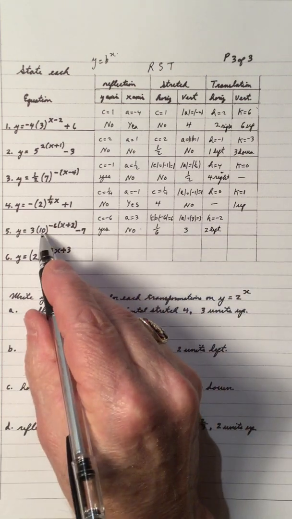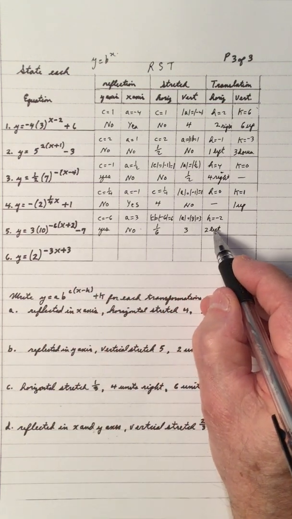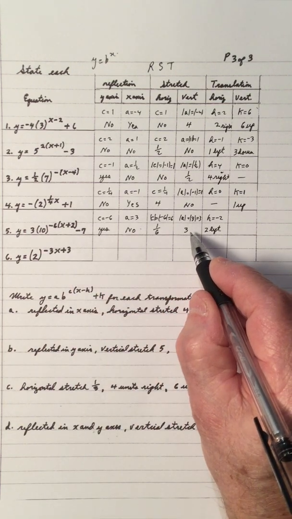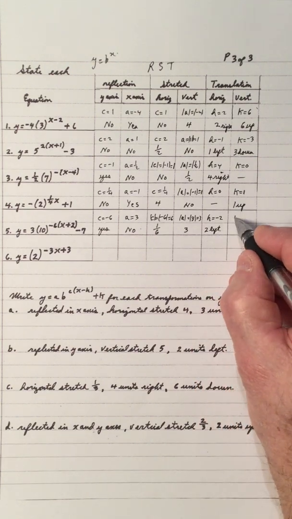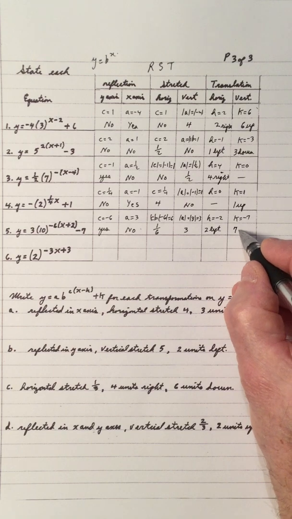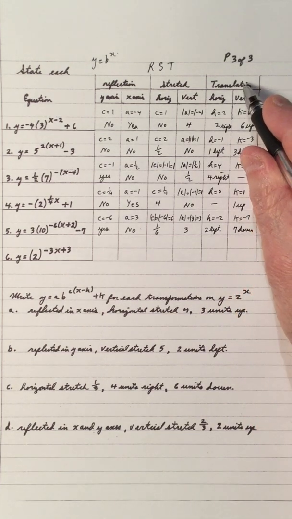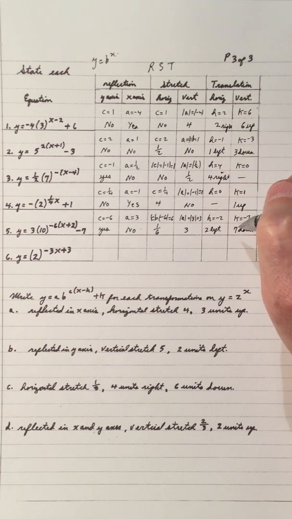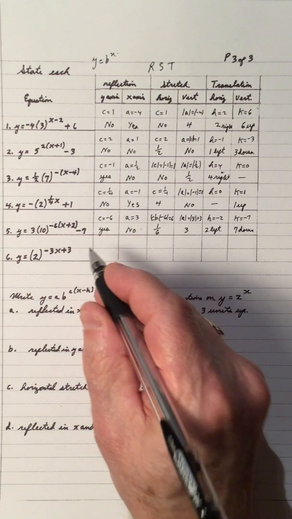In terms of the basic equation, which is y equals 10 to the x, all points have moved 2 units to the left. And k is -7, so it's gone 7 down. Again, the vertical translation is up and down. If it's negative, it goes down. If it's positive, it goes up.